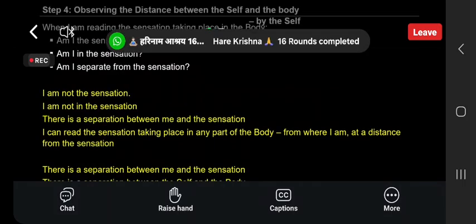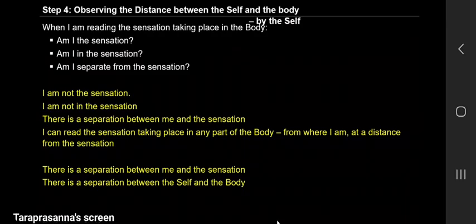So because there is a separation between me and the body, therefore I have choice to interact with body or not to interact with body. With this we started step 5.